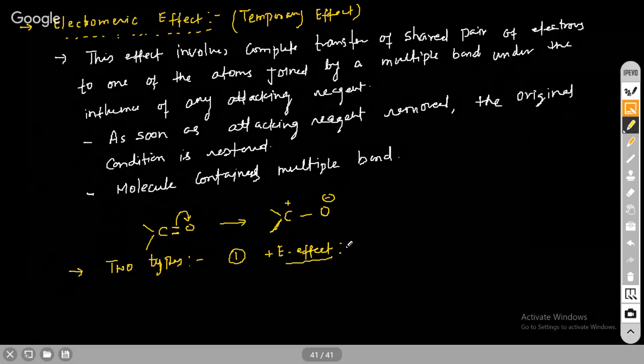Plus E effect you write down when the transfer of electron takes place towards the attacking reagent.